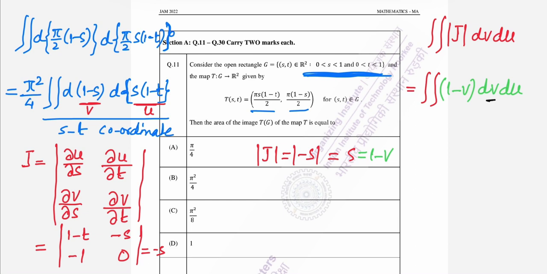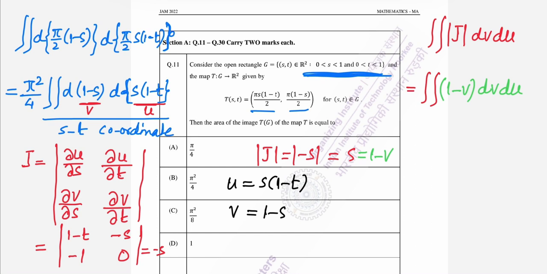Here you see v and u, the coordinates, so I have to write v and u again. u is our s(1 minus t) and v is our 1 minus s. We have to put the limits seeing these two.